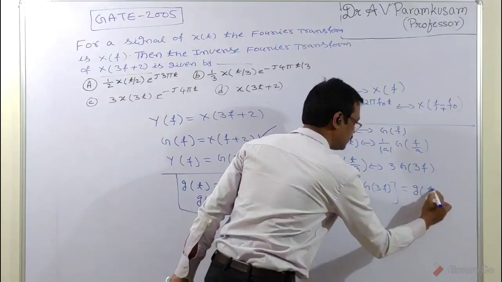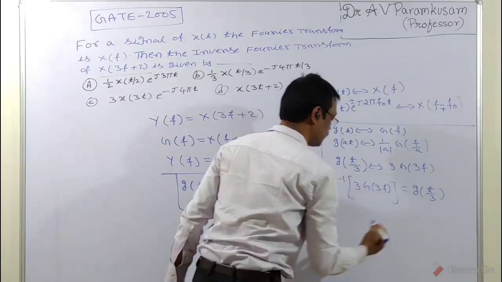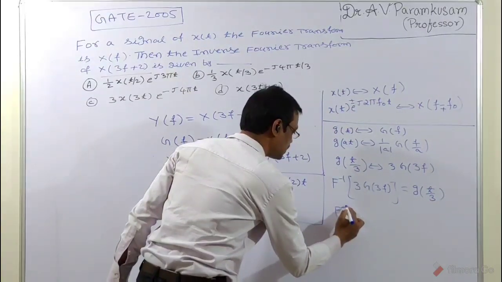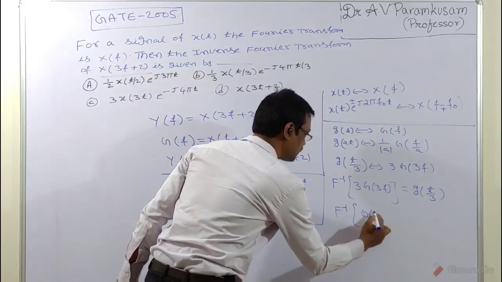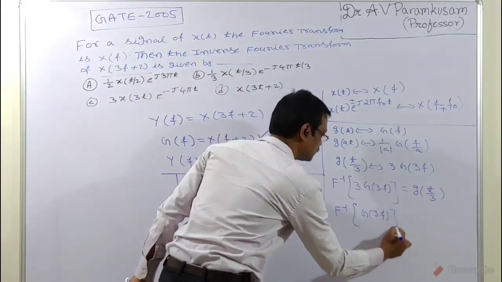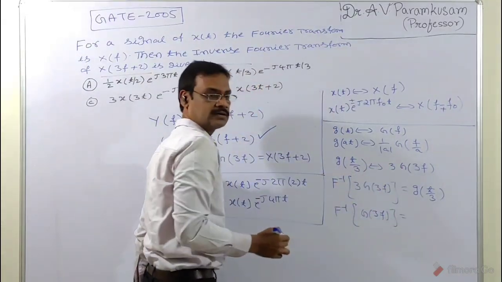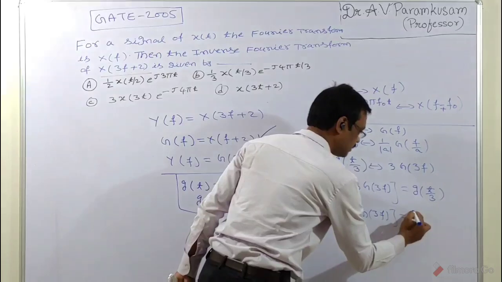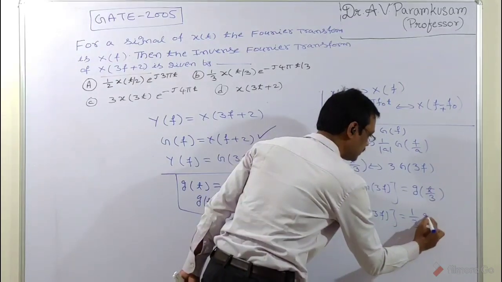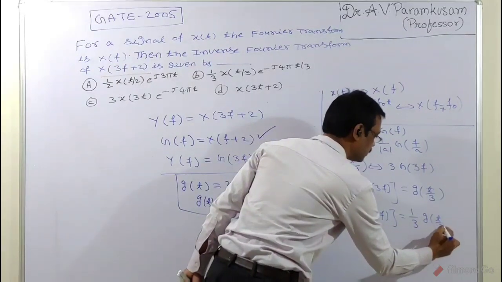Then the inverse Fourier transform of only g of 3f is equal to, that 3 goes to the right side, 1 by 3 g of t by 3.